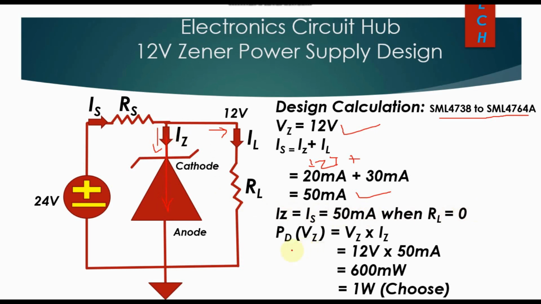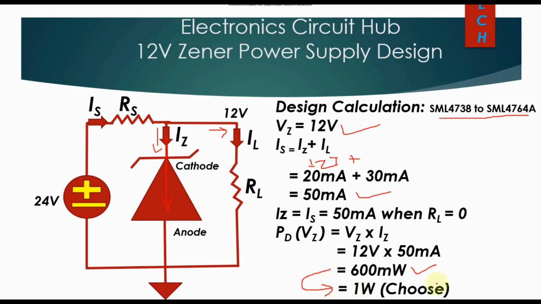So now I want to calculate the power dissipation of this Zener diode. So PD equals Vz into Iz. That means you have Vz 12 volt and Iz 50 milliampere. You will get 600 milliwatt. Okay, so the power dissipation across this Zener diode is 600 milliwatt. So for safer purposes you may choose a 1 watt Zener diode.